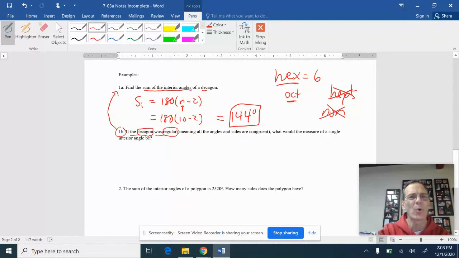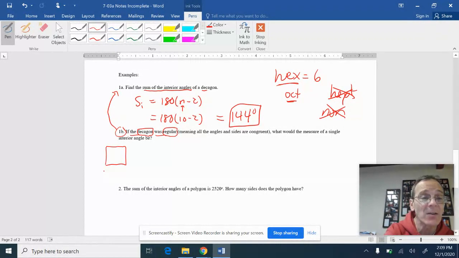I didn't talk about that word on the previous page. In geometry, when we talk about a polygon being regular, we mean that all of the sides are congruent and all of the angles are all congruent, okay? So for instance, a square is a regular quadrilateral because it has 4 congruent sides and it has 4 congruent angles.